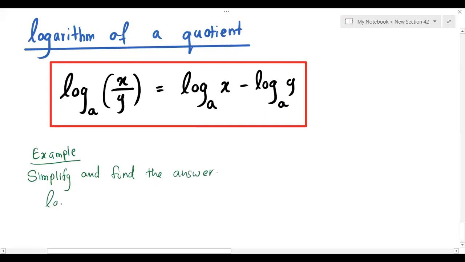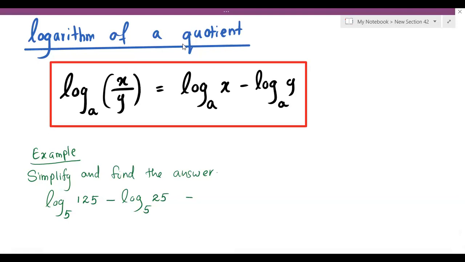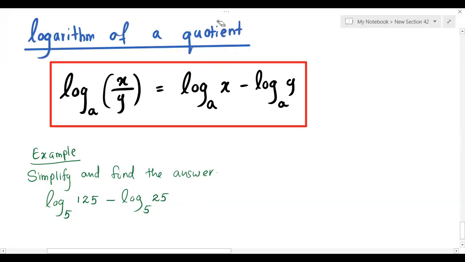It is given that logarithm of... Okay, here look at how we obtain the answer for this one.